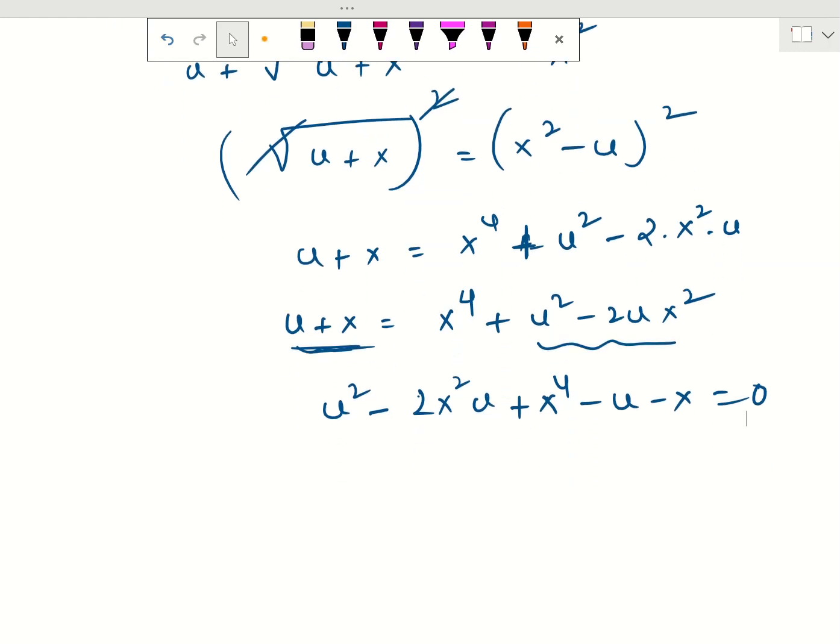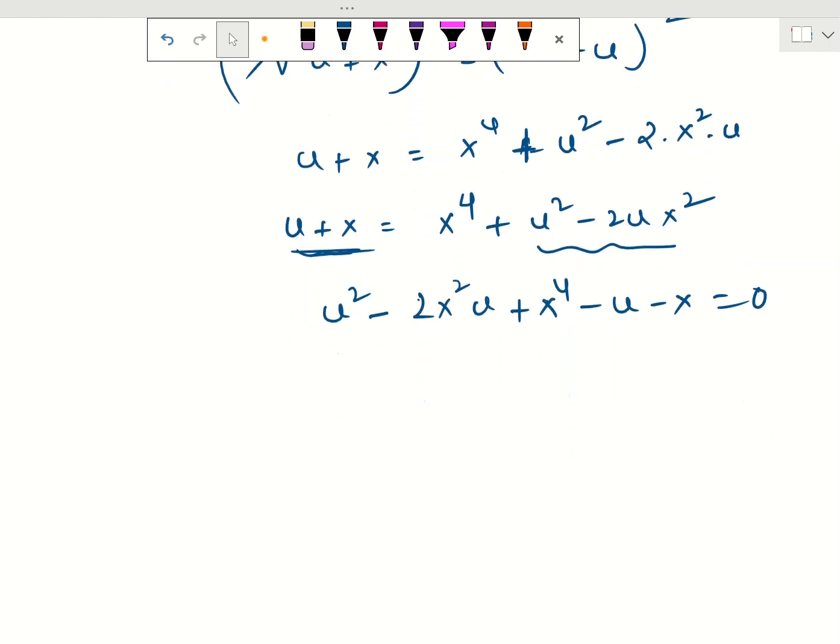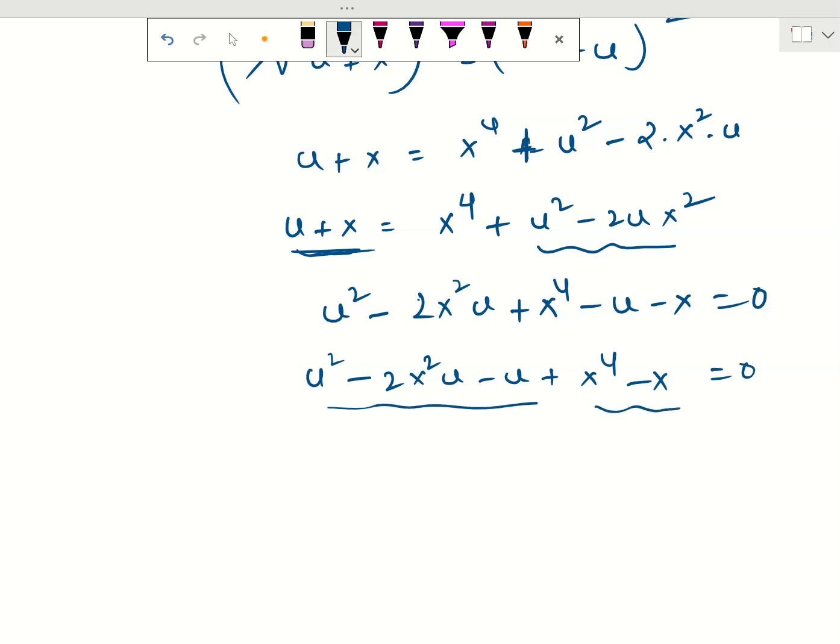Again simplifying, we have u square, minus 2x square u, and minus u, plus x to the power of 4 minus x is equal to 0, so I am writing the x terms on one side and the u terms on one side.